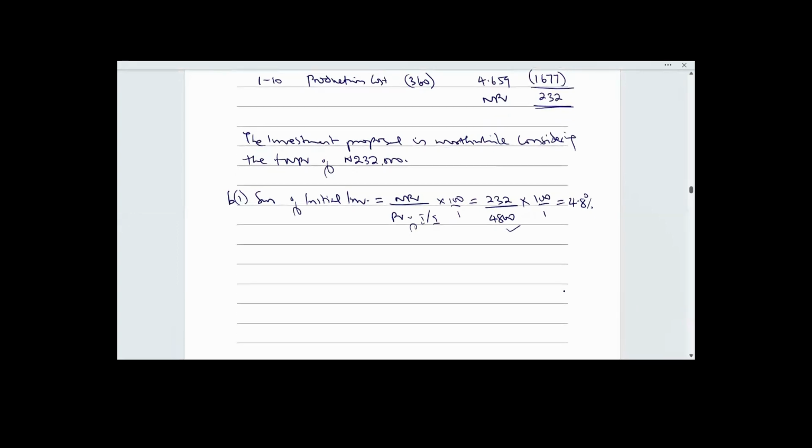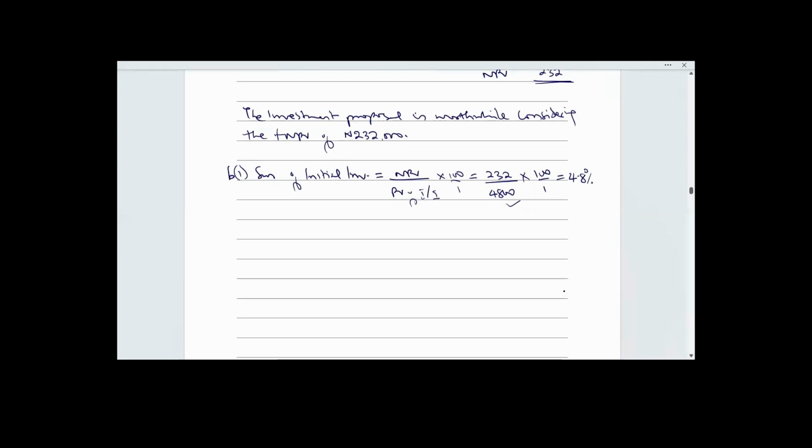Therefore, I need to interpret my results. I would then say the initial investment should not increase beyond 4.8%.